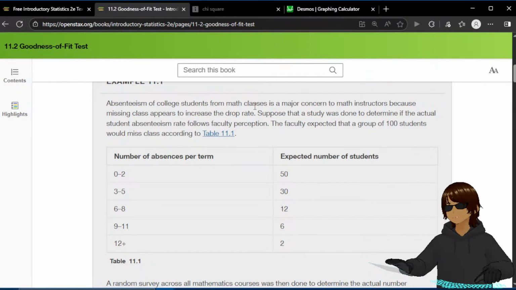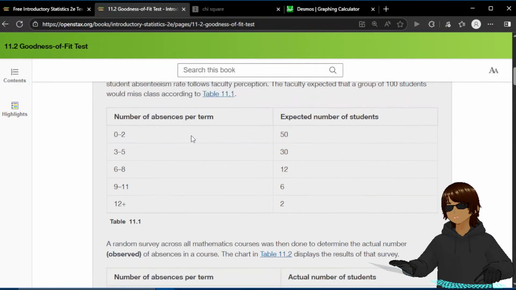Absenteeism of college students from math classes is a major concern to math instructors because missing class appears to increase the drop rate. Suppose that a study was done to determine if the actual student absenteeism rate follows faculty perception. Faculty expected that a group of 100 students would miss class according to Table 11.1.